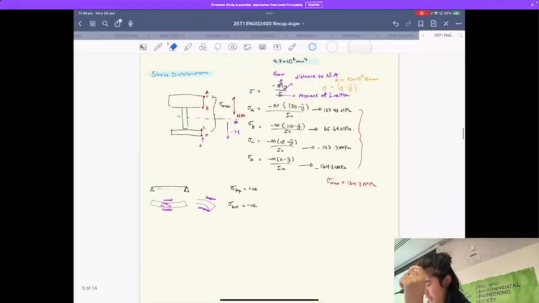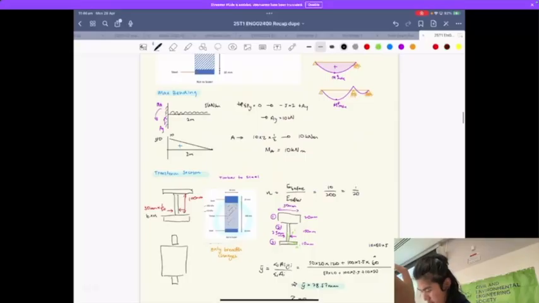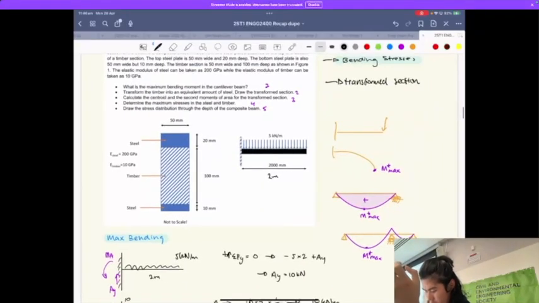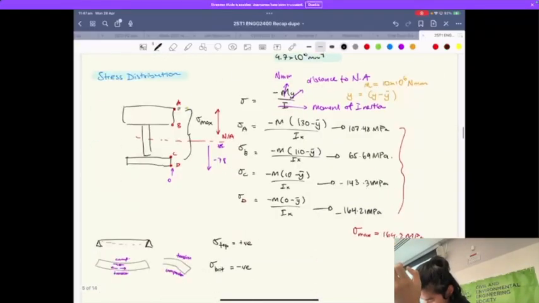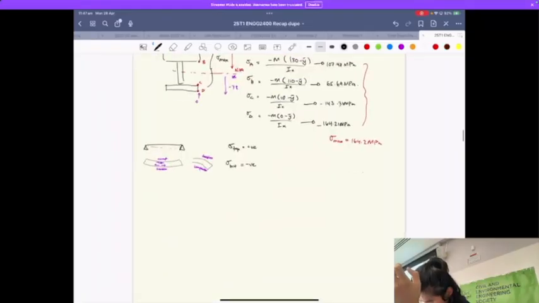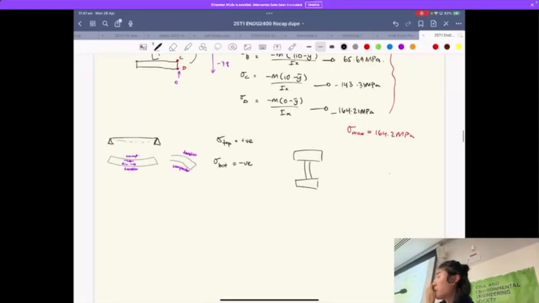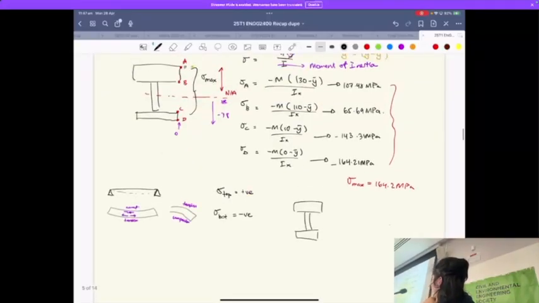But another part of this question is to draw the stress distribution throughout the composite beam. So I'm just going to draw it. Sorry, Karen, real quick. Is there a rule for the signs of the stresses in the top section and the bottom section?